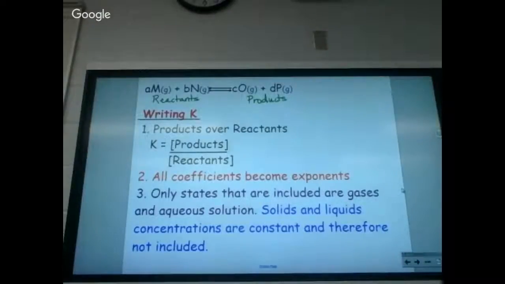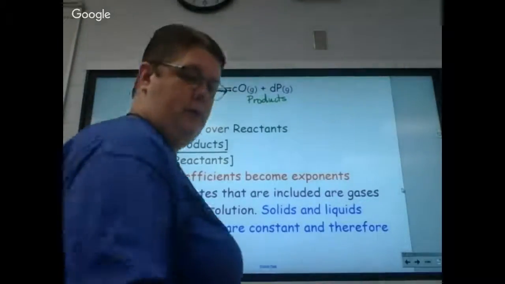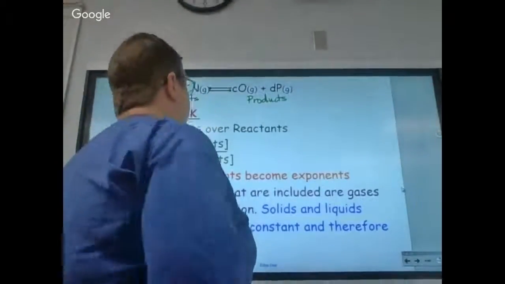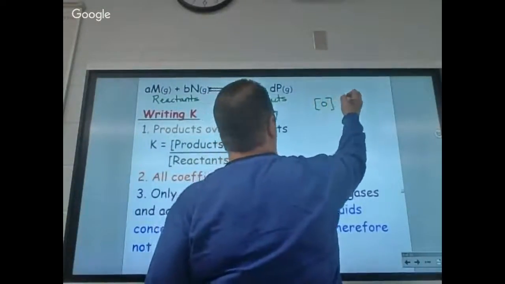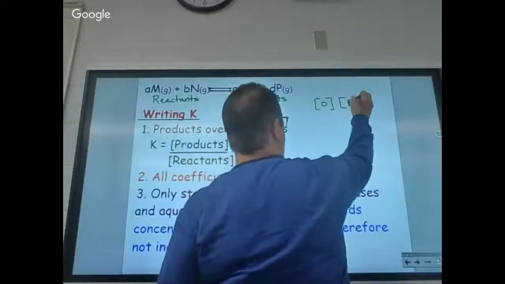All right, we have the steps. So in the fake equation I wrote above, what are my products? O and P, right? So O and P, and we put brackets around them.